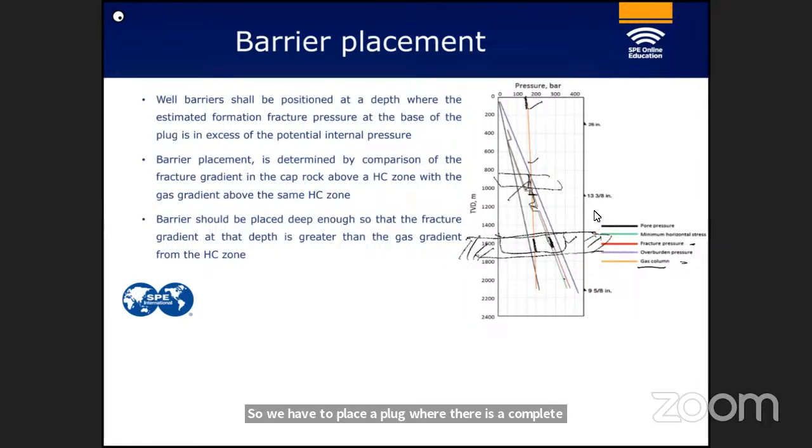And here I'm telling the location of the plug, which has to be at a place where the rock strength is higher than the gas pressure or the pressure of the hydrocarbon zone. Here we are not looking at the mud weight of the well because we are in the P&A stage. Is it okay, or should I expand?